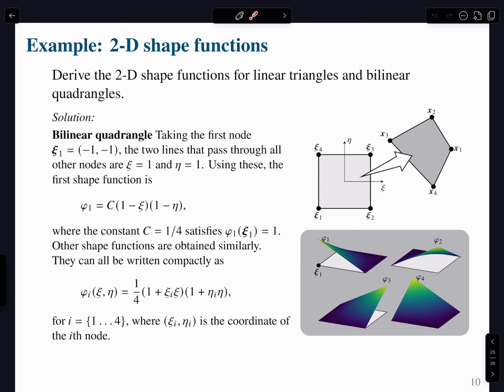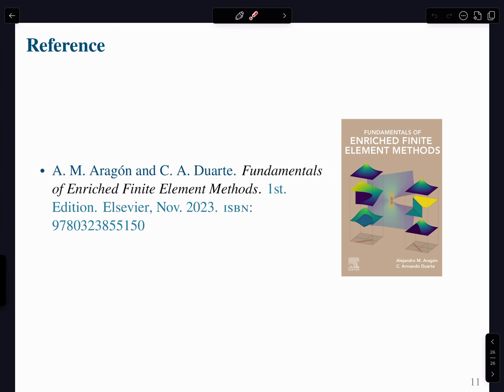So we use Newton's method to iterate, starting from a given point, let's say I start here, and then it converges to my location xi in master element coordinates. Okay. So that's it for the isoparametric mapping.